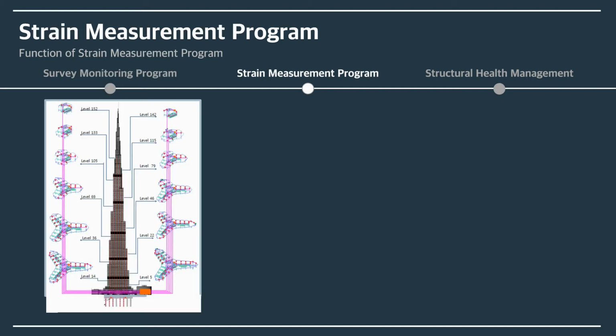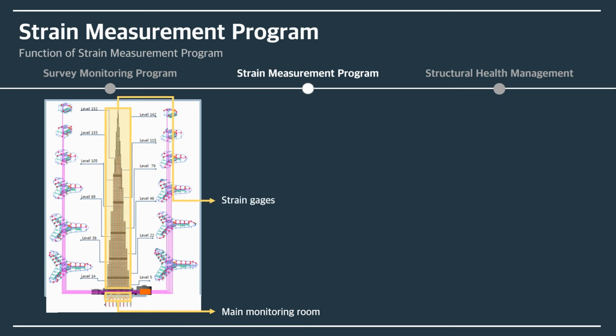Next, to measure the column reduction and lateral movement of the tower, the Strain Measurement Program was developed to measure the total deformation of the walls and columns due to elastic shrinkage and creep. SMP is normally placed in a deformation area, but here SMP is placed below the outriggers where large load redistribution is expected.